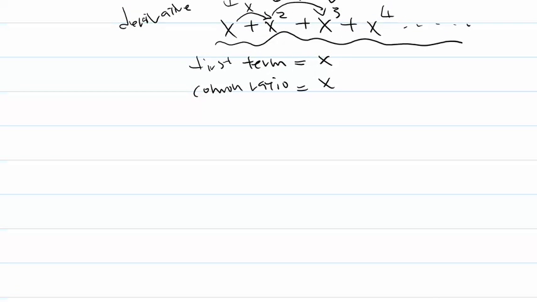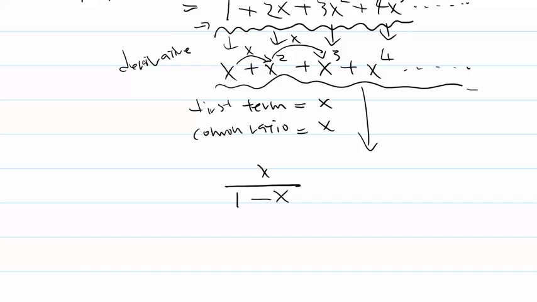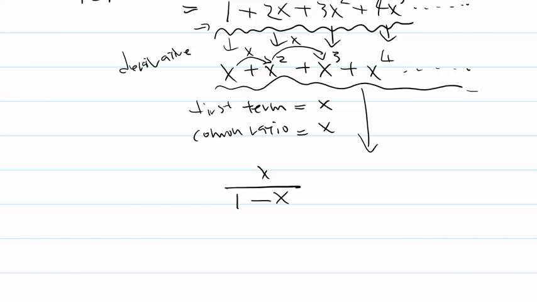Okay, and then we can write this whole thing as x over 1 minus x using the sum of a geometric series. So we just simplify the whole long thing into one little term. Okay, so now we just said that this is the antiderivative of the original series.